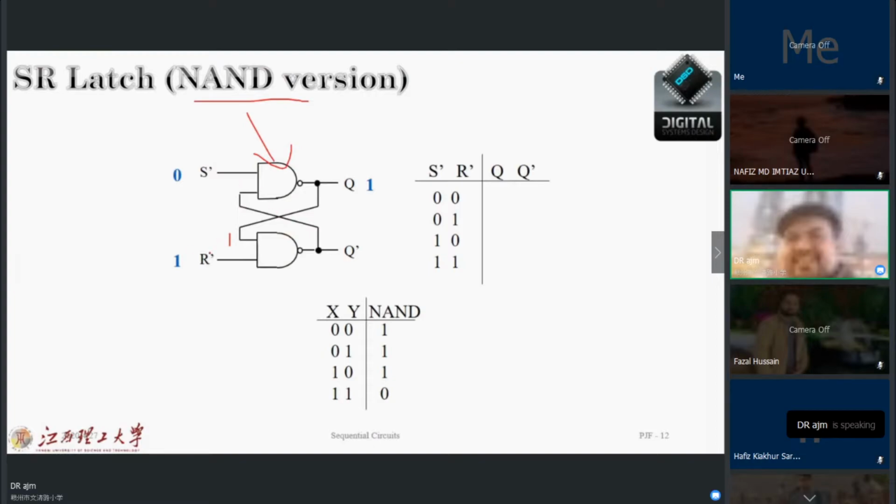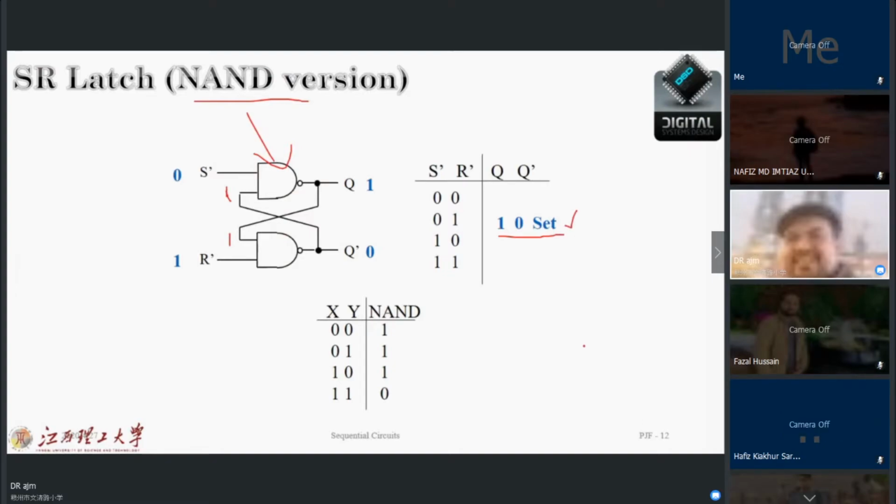Then 1 and 1 NAND is 0, so Q prime is 0, and this 0 will go there. Then I can put the state here: if S is 0 and R is 1, the output is 1 and 0.